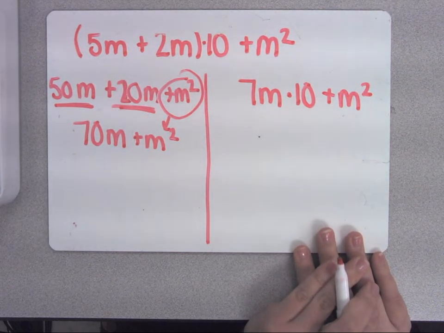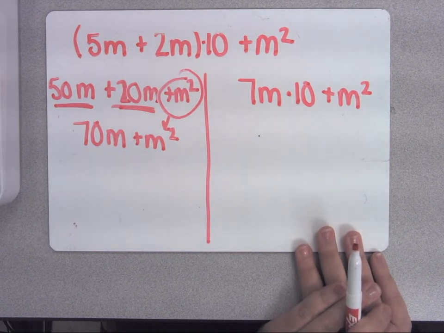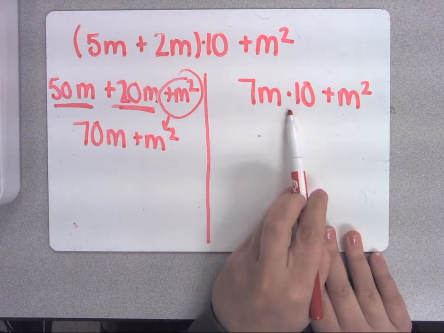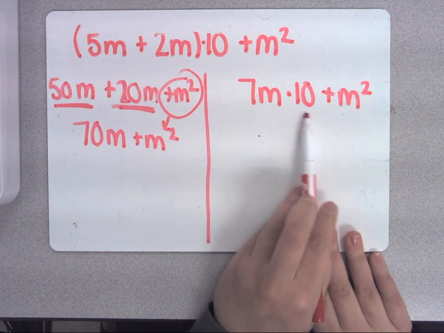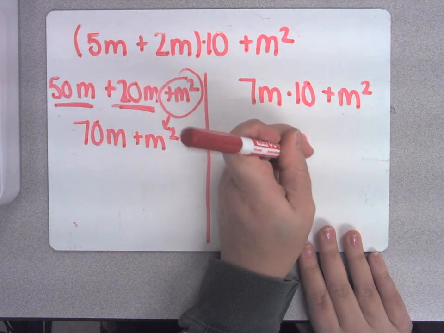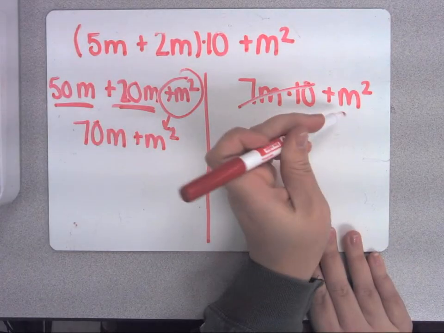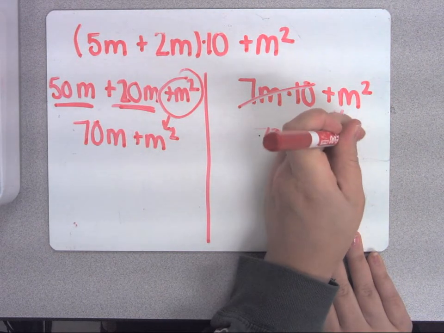Then the rest of your order of operations says exponents. Well, this exponent's with an m, so I can't do anything there. My dear, multiplication, division. Oh, I see multiplication. Multiply your whole numbers because multiplication really separates terms. 7 times 10 is 70m. This m squared is left alone. Bring him down so he's not lonely.